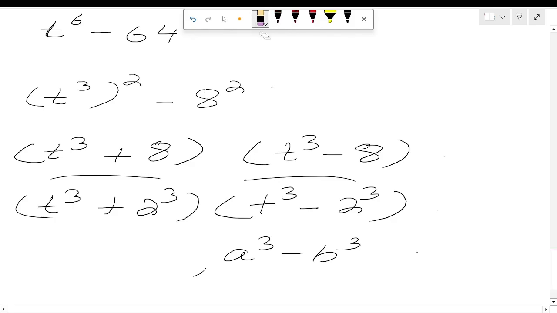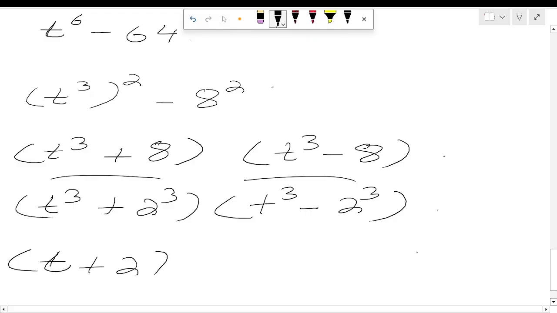So let's apply a cube plus b cube on the first term. So I'll write t plus 2. Then I'll write t square plus the square of 2, which is 4, subtracted from ab, which is 2t. So I wrote a cube plus b cube for the first term.